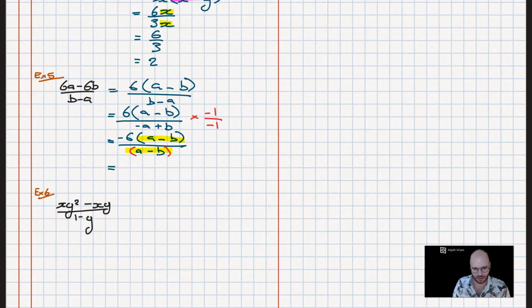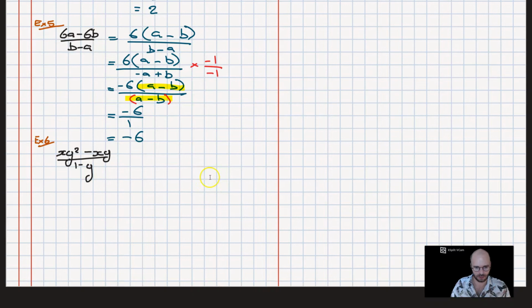Therefore, our final result is going to be -6 over 1, and that's simply -6. So, key thing of what we did here was we added the -1 over 1, and -1 over 1 is simply just equal to 1, so that's why we're allowed to get away with that.